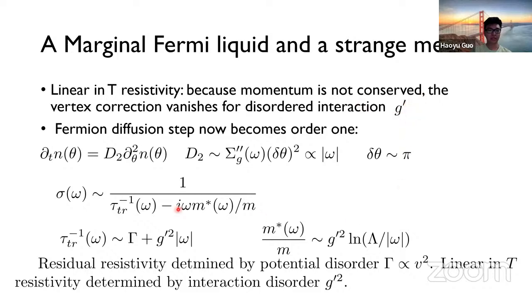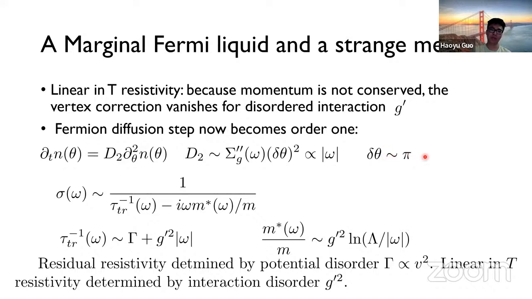linear in T. So in the picture of fermion diffusion on the Fermi surface, what I said before about umklapp is that right now, because momentum is not conserved anymore, you actually lose the locality in momentum space. So this angular step delta theta could actually be any number.